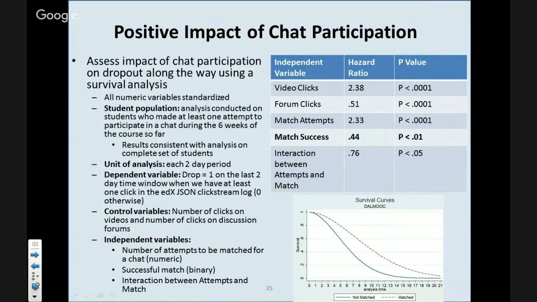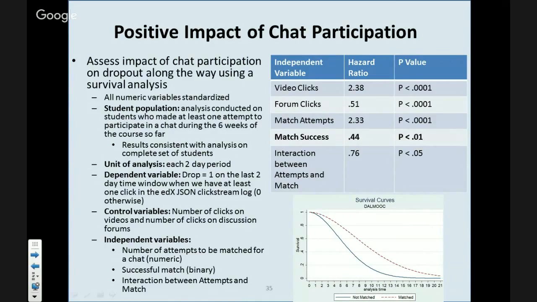And there was also an interaction between those two variables that shows that the negative effect of the frustration was partly mitigated by the positive effect of the match success over and above what was just from the match success itself. But not to an extent that really fully counteracted the negative effect of the frustration.